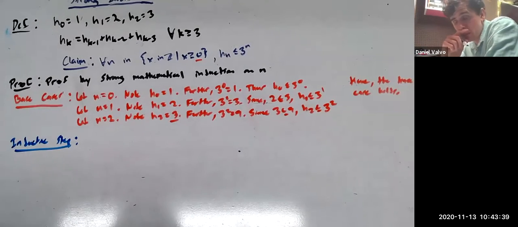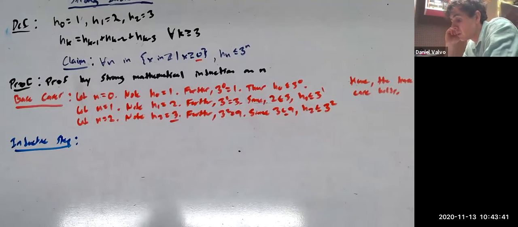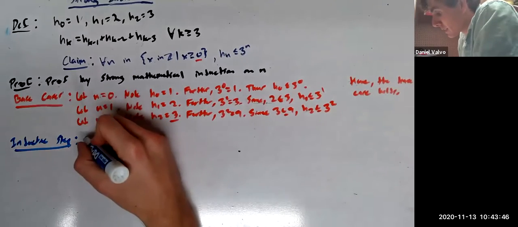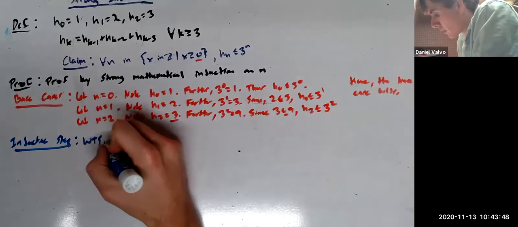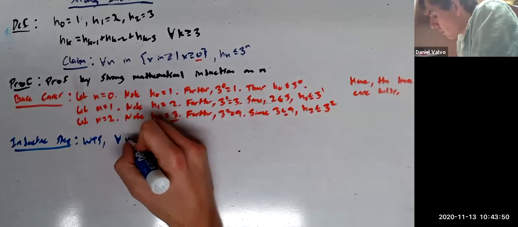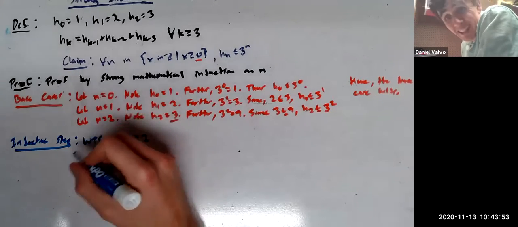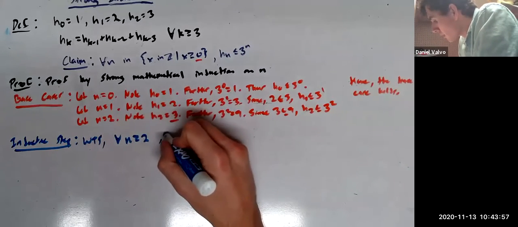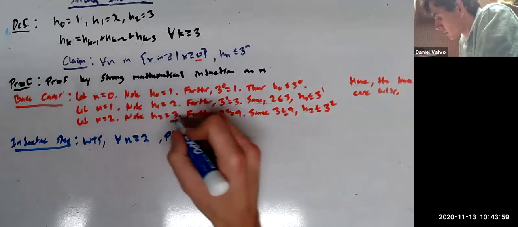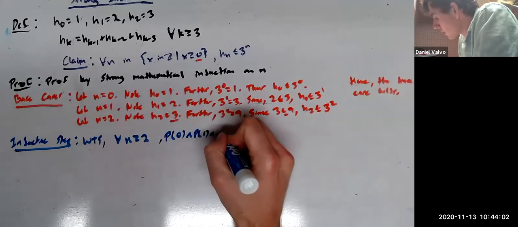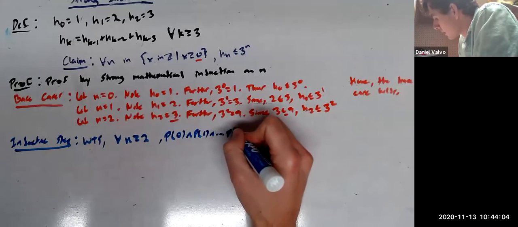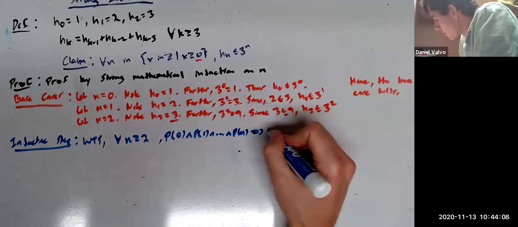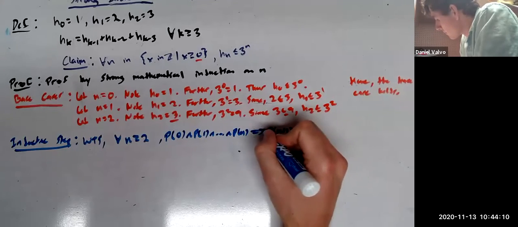So the inductive step, remember, is how you prove, well, I'll show you what we want to show. Here we want to show that for all n greater than or equal to 2, because that's when our argument's going to work, as we argued, P of 0, which can start at 0, and P of 1 all the way out to P of n will imply P of n plus 1.